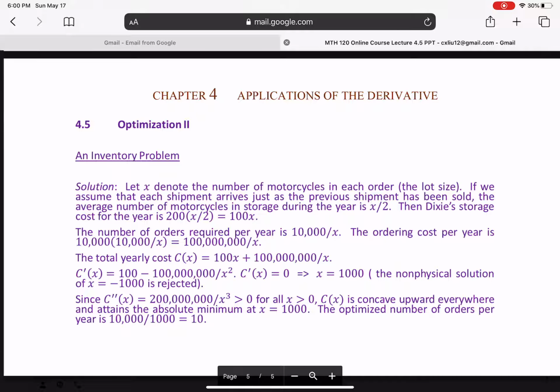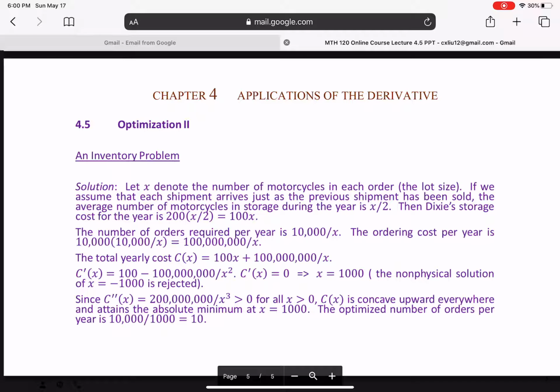So let's denote by x the number of motorcycles in each order. So that's the lot size. If we assume that each shipment arrives just as the previous shipment has been sold, the average number of motorcycles in storage during the year is x over 2. We know we have a large number of motorcycles in storage sometimes, but at other times we might have a small number.